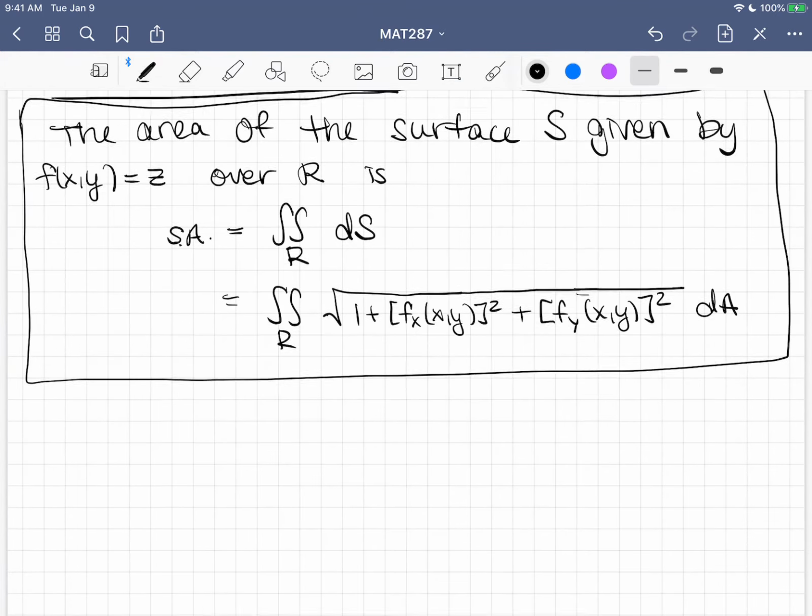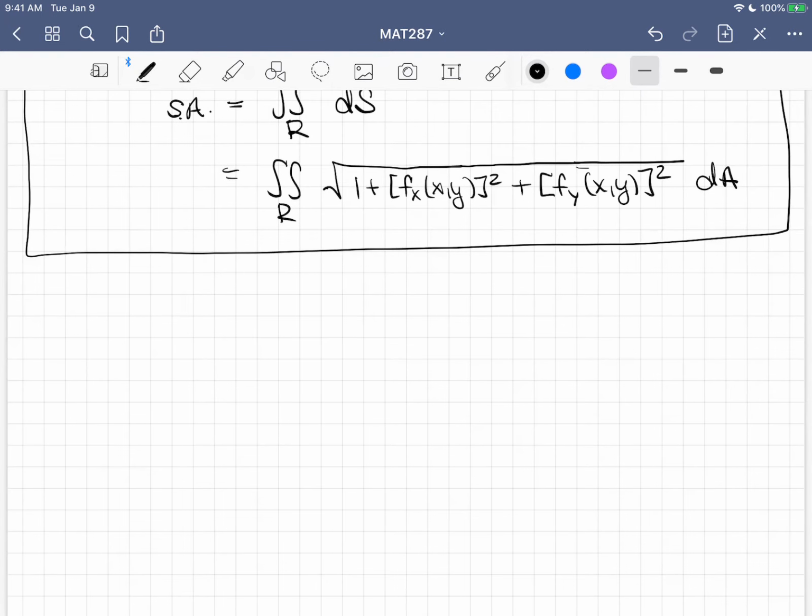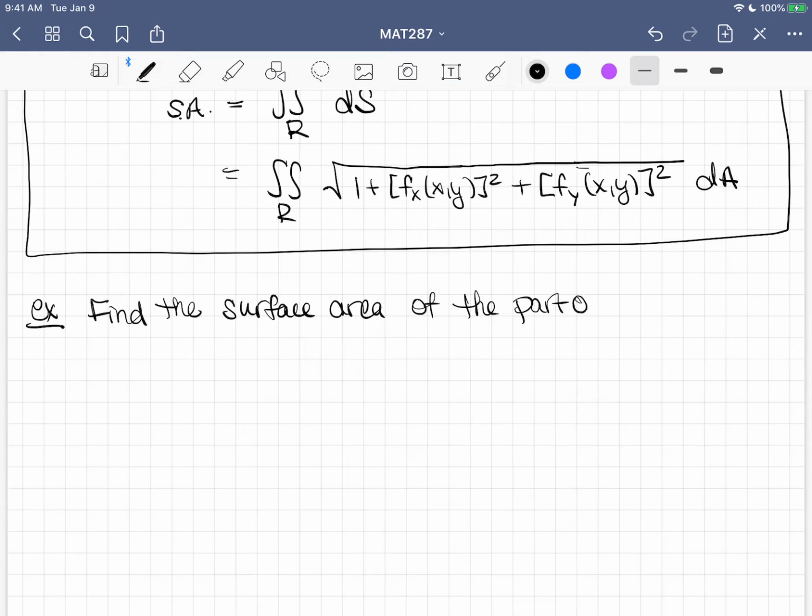All right, so let's try an example of this. Find the surface area of the part of the plane with the equation 3x plus 2y plus z equals 6 that lies in the first octant.